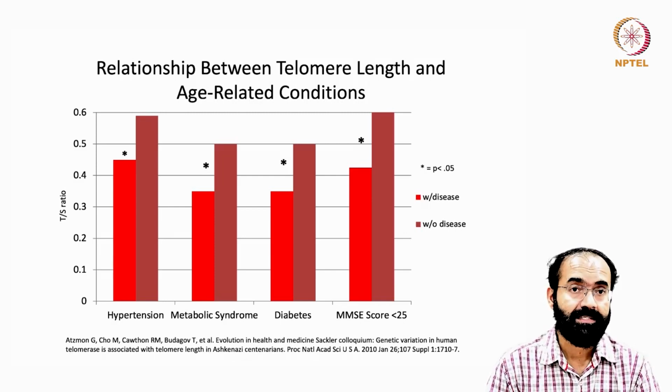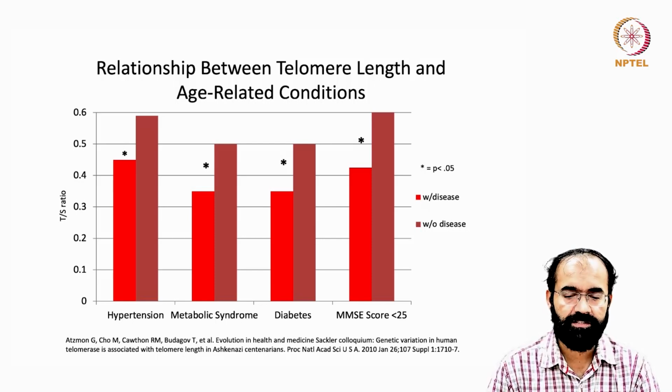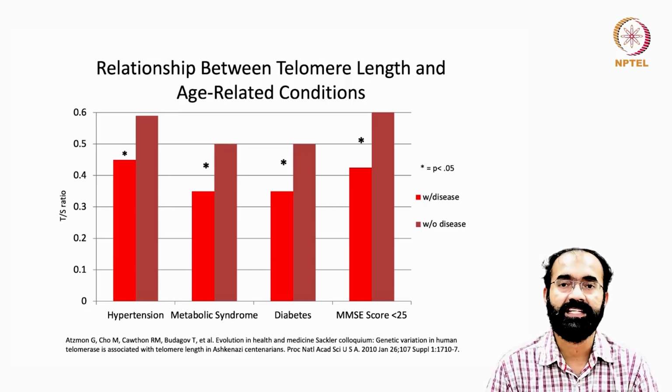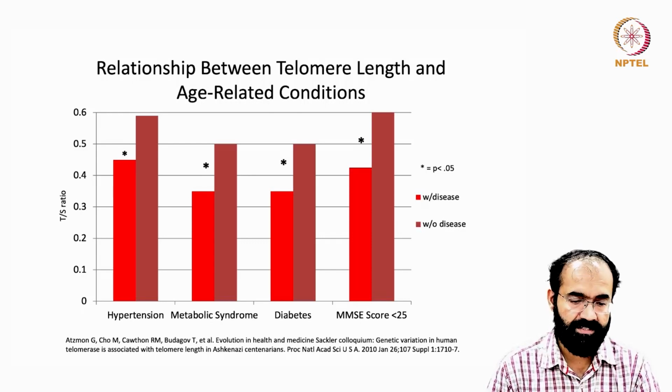This is a disease, hypertension and metabolic syndrome and diabetes and MMSE, means various infectious score, etc. P is the significance level. If the P value by T test is less than 0.05, it is considered significant. So that's what you give a star. So you have two categories, one with disease and without disease.